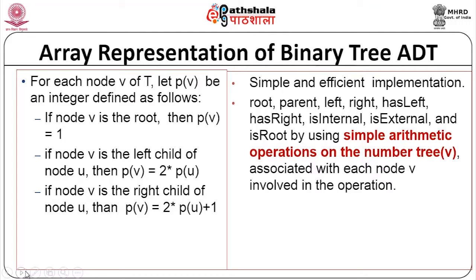If U is occupying 3, the left child of U will occupy 6, and the right child will occupy 1 position after that. So, if U is 2, the right child of U will occupy 5, if U is 3, right child will occupy 7. So, that is 2 into 3 plus 1. Simple and efficient implementation.